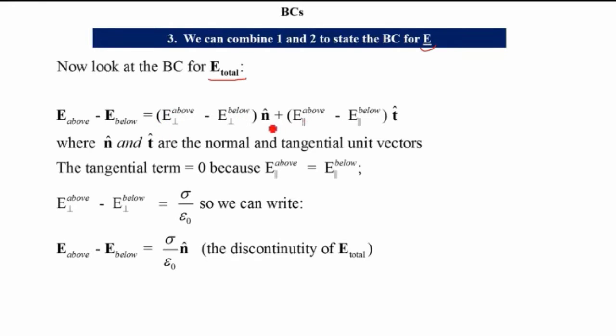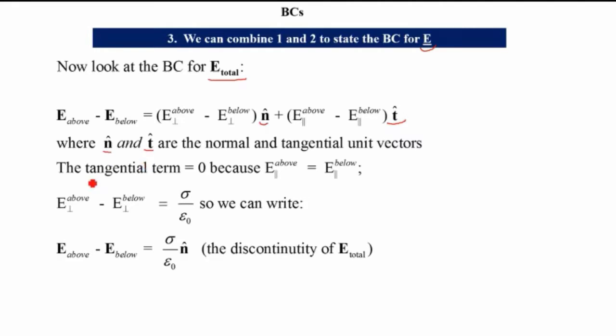And so this is the unit vector normal to the surface, and this is the tangential vector. If we take this quantity here, then that's going to be the normal vector of this difference here. And likewise, this is the tangential component of this difference, which is of course a vector. And I've already stated what these vectors are.